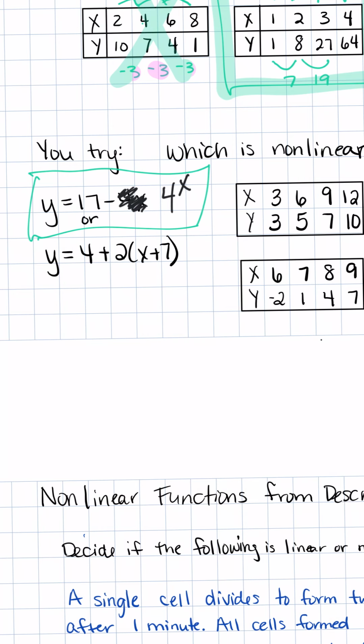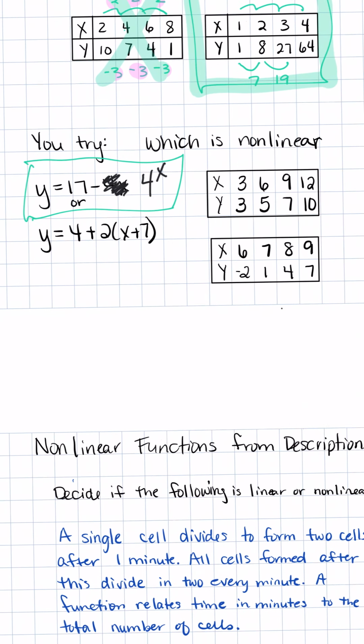Okay, so see if you can figure out with this table which one is nonlinear. Okay, you should have got that the top one was nonlinear. The 3 was different than the other ones that just had 2. And then this one down here was 1/3, 1/3, 1/3. So that one is linear.